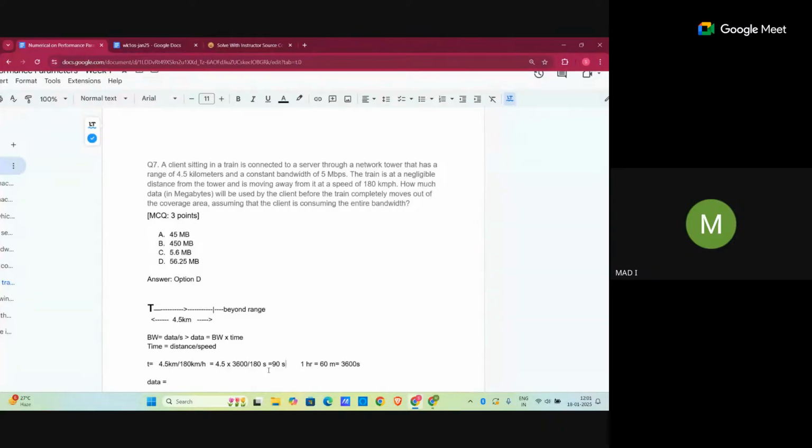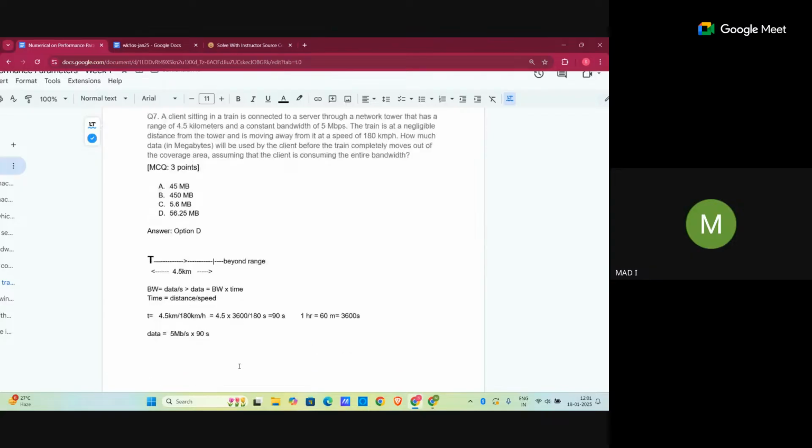Now we want to calculate the data. So what is data? Bandwidth into time. What is bandwidth? Bandwidth is given as 5 megabits per second. When we multiply this by 90 seconds, per second into second will be cancelled.